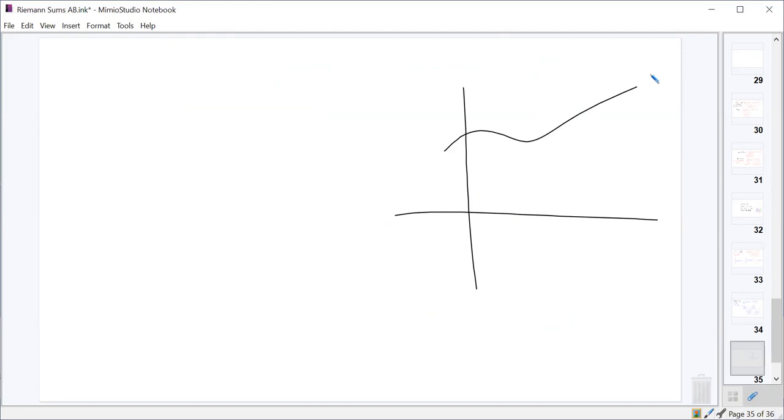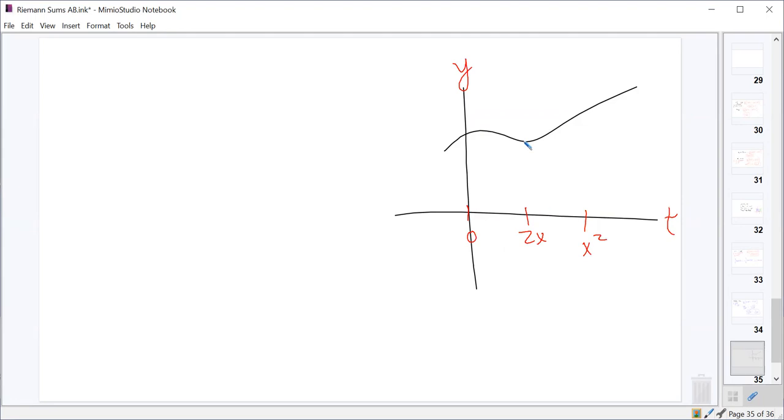I don't care what it looks like. We're going to pretend it looks like that. Here's 0. Here is 2x, right? This must be x, so this is 2x. And then somehow over here, a little further over at my upper limit, I'm at x squared, right? On my t and y axis here. I'm going from 0 to 2x and from 2x to x squared.